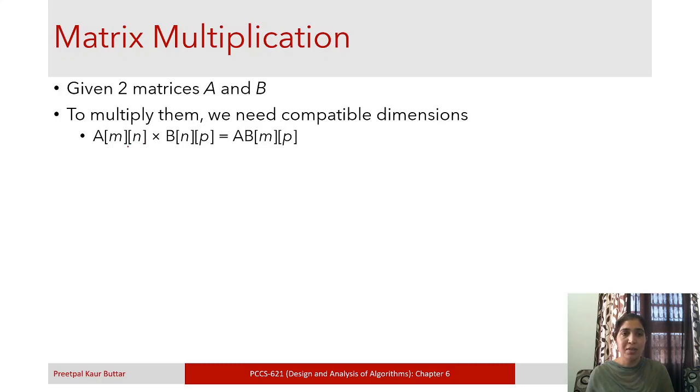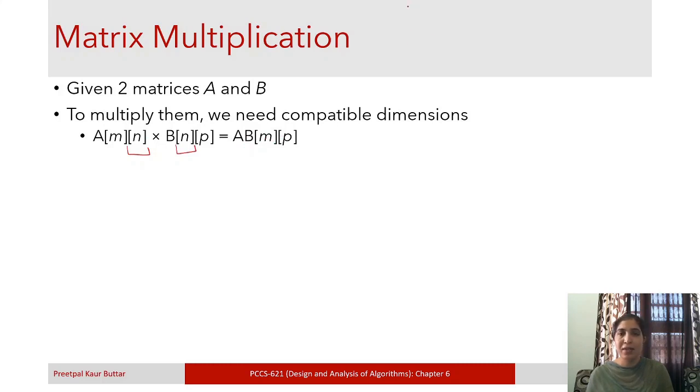Why? Because the number of columns in the first matrix should be equal to the number of rows in the second matrix, right? And the product which we obtain has dimensions m cross p.